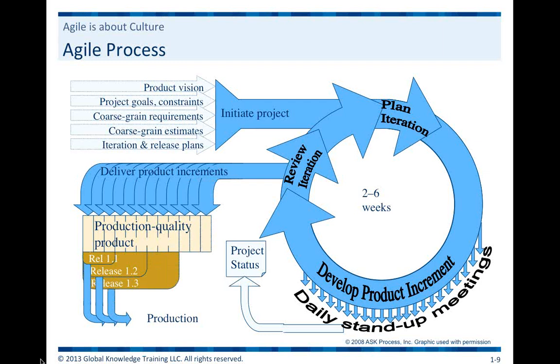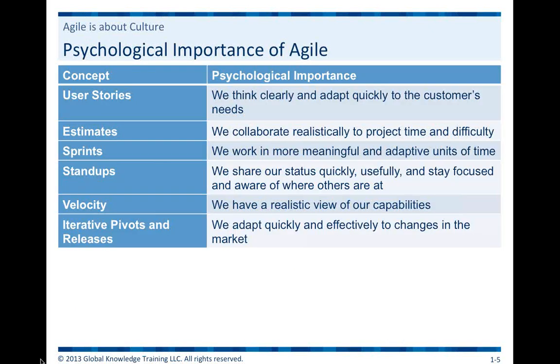The other thing I want to talk about here is something I like to call the psychological importance of Agile. In an Agile environment, we want to foster a few very fundamental ideas: thinking clearly and adapting quickly to customers' needs, collaborating realistically, working in a more meaningful environment, sharing statuses, having transparency for those statuses, staying focused, and of course, being very realistic with respect to our capabilities.